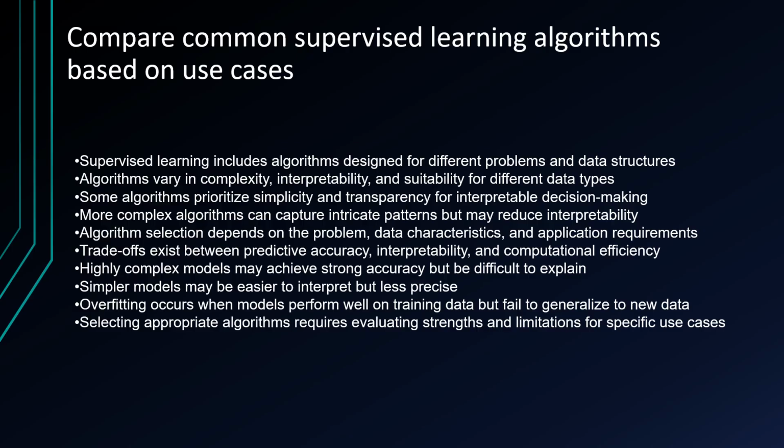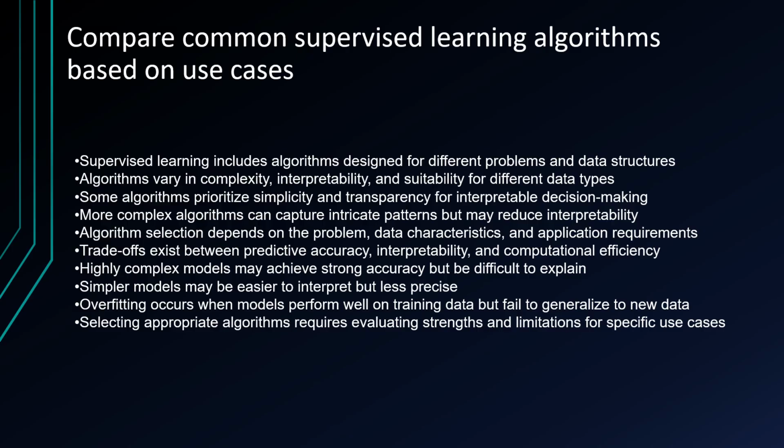More complex algorithms, however, are often capable of identifying intricate patterns that simpler models cannot easily detect. These algorithms may capture nonlinear relationships, interactions among variables, and subtle dependencies within large datasets. As datasets become larger and more complicated, advanced models can sometimes achieve stronger predictive performance. However, this increased complexity often reduces transparency and interpretability.